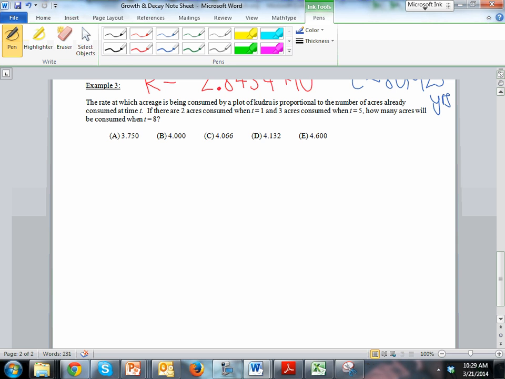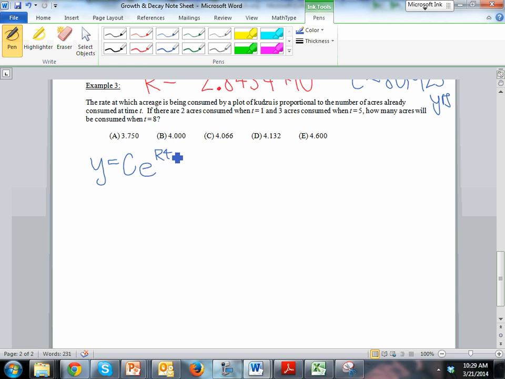The rate at which the acreage is being consumed is proportional to the number of acres already consumed at that time. So we get to use our fancy y equals c e to the k t. What is different about this problem than the past couple problems? We don't have t equals 0. So it's going to look a little bit different.